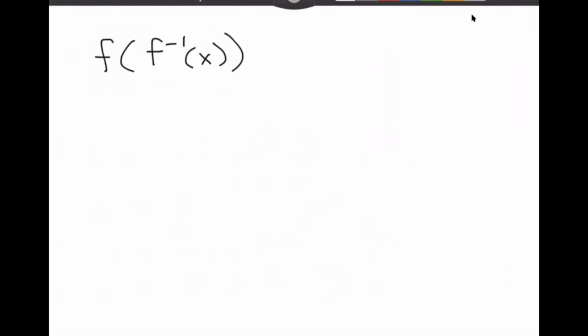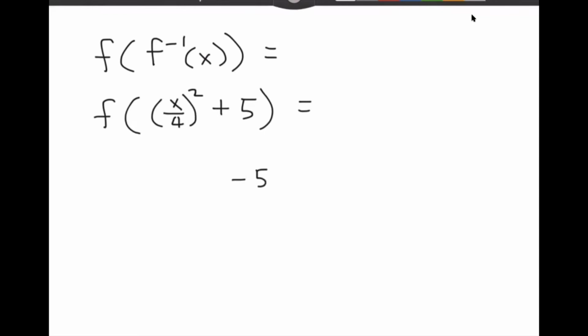So f inverse of x, and remembering that it did have a domain restriction, is x over 4 squared plus 5. And what does function f do? It takes a number, subtracts 5, takes the square root, and then multiplies the answer by 4.